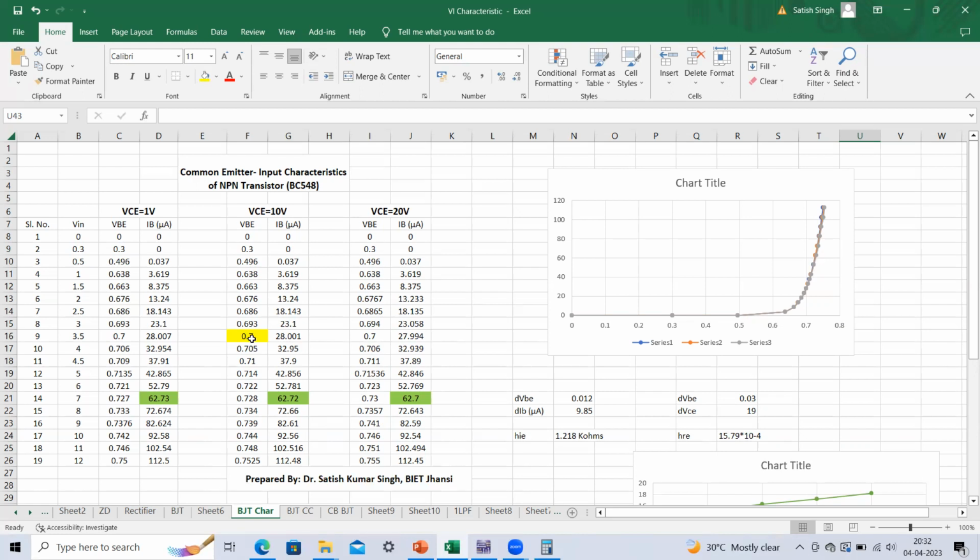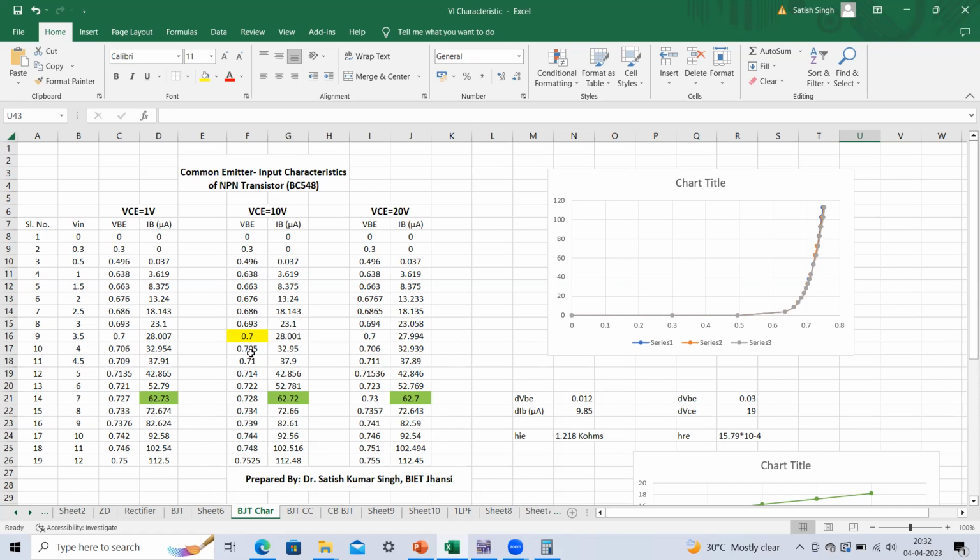This is the Q point. Then you can choose what will be the value of delta VBE. Let us say if we take these intermediate values 0.693 and 0.705, you can calculate the deviations, right? What will be the deviation in delta VBE, and what will be the corresponding deviation in the IB current? You can calculate that from these two values.